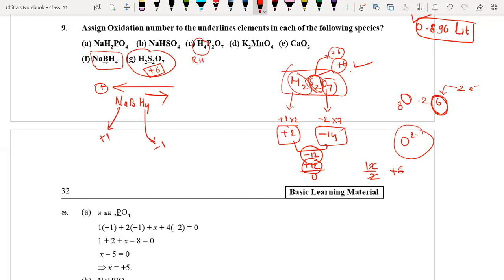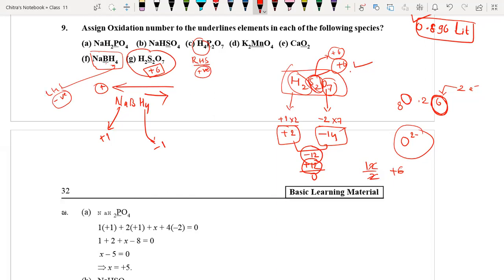So you have to keep in mind: if the hydrogen atom is on the left hand side, the charge will be positive, and if it is on the extreme right hand side, the charge will be negative. Very important, you have to remember these 2 points always.